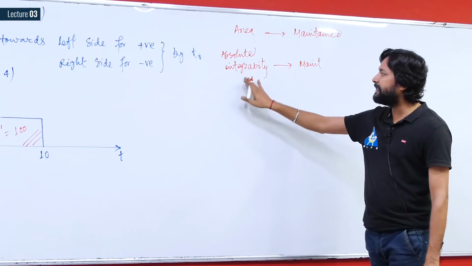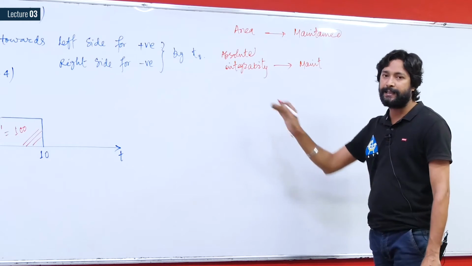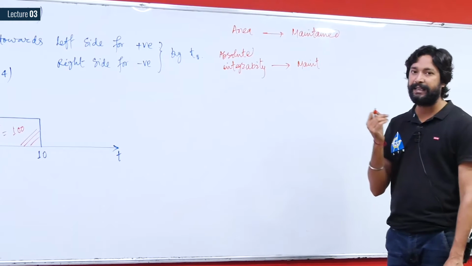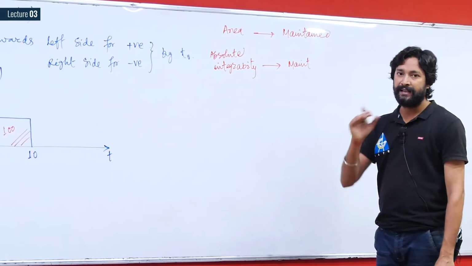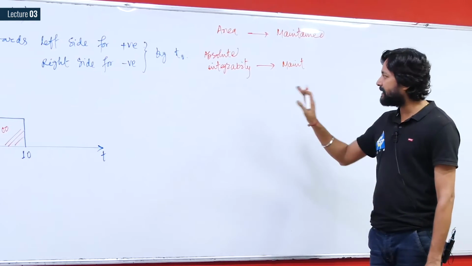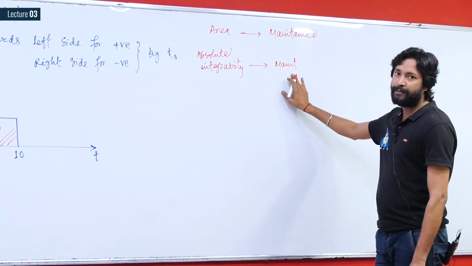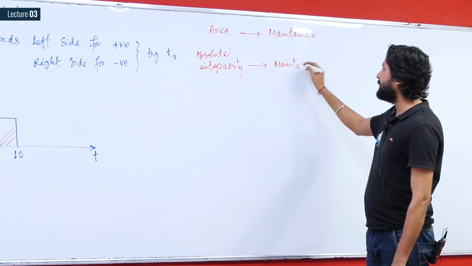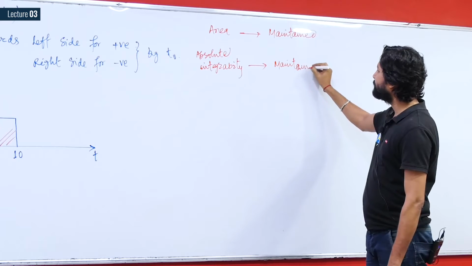Therefore the absolute integrability condition will also be maintained, that is, if the signal was earlier absolutely integrable or absolutely summable, then after applying these operations the signal maintains its property.